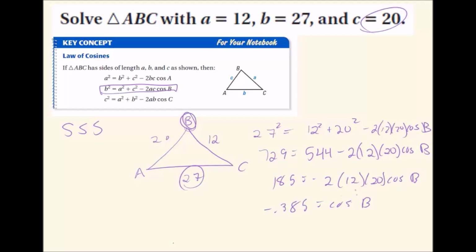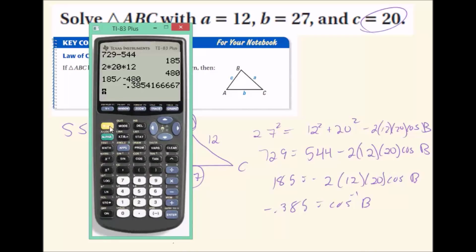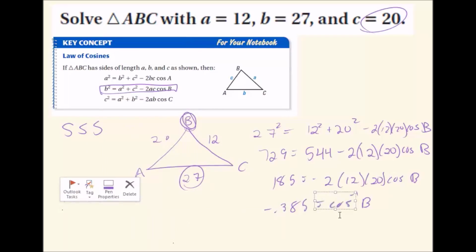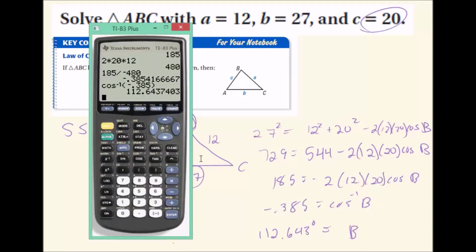We're going to need to do the opposite, which is the inverse. So inverse cosine of negative 0.385 will give us the angle of B as 112.643 degrees. Sorry, I think I said 0.643. Yep.